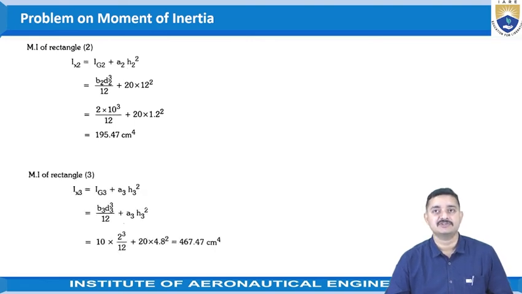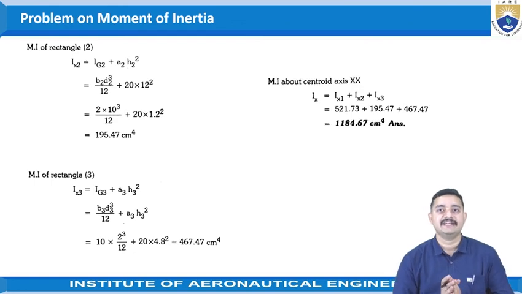And the moment of inertia of rectangle 3 is B3 D3 cubed / 12 + A3 H3 squared = 10 × 2 cubed / 12 + 20 × 4.8 squared = 467.47 centimeter^4.